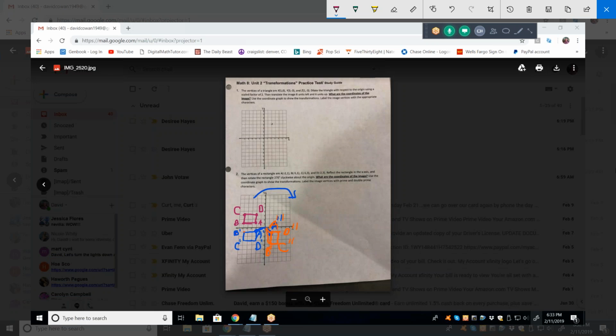And if I do a 90 counterclockwise, then B clearly, if I rotate that 90 degrees, it's that line right there, pointing at this vertex. So that's got to be B double prime. And you could do the same thing with C. C is going to end up being there. And the same thing with D.